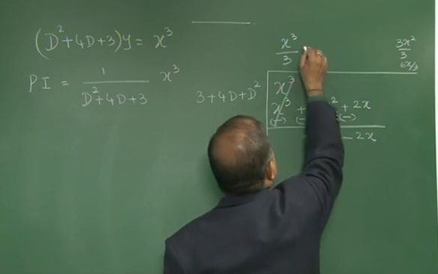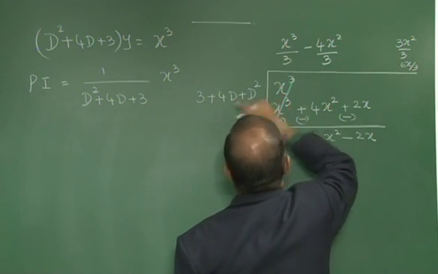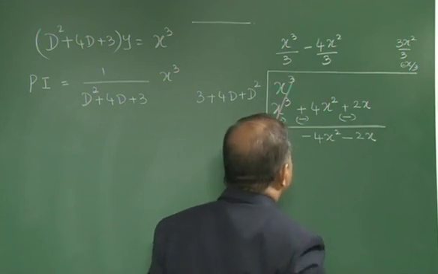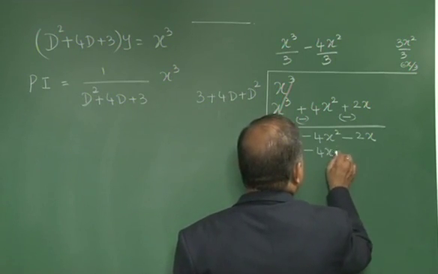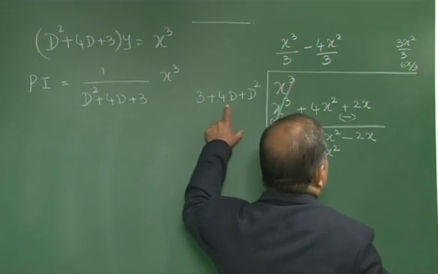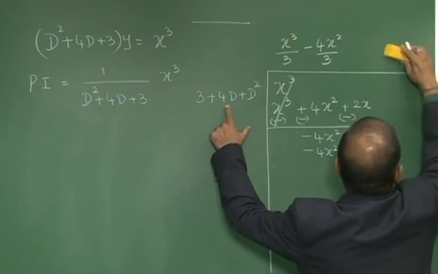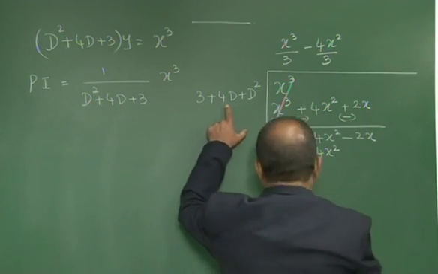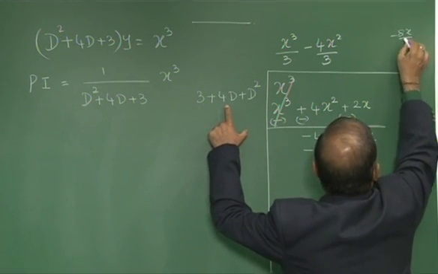Now minus 4x square by 3, the 3 is coming again from this constant. So minus 4x square. What happens if you differentiate once? It will become 8x by 3. So one differentiation, minus 8x by 3.